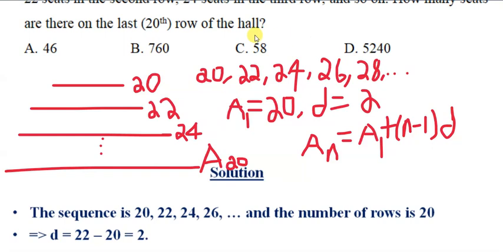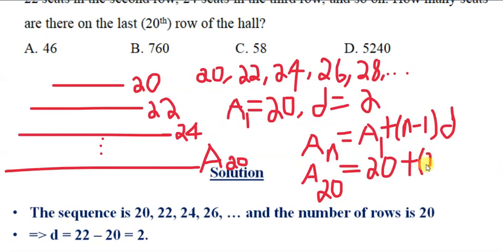Now a20 means the last term, so our n in this case is 20. The number of seats in the 20th row, or the last row, is found by replacing a1 with the given number, which is 20, since the first row has this many seats, and n is 20.